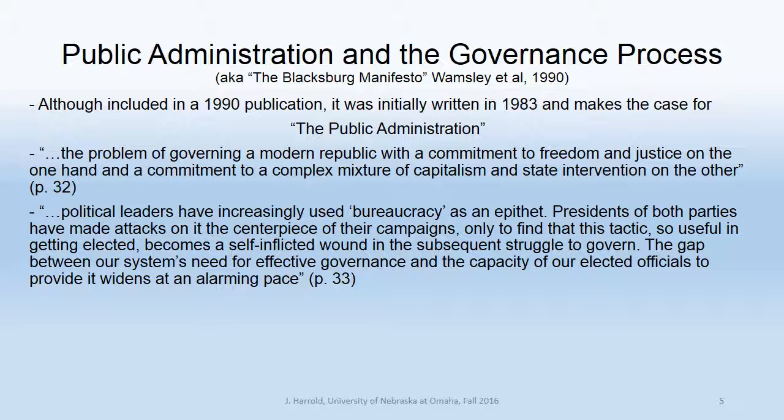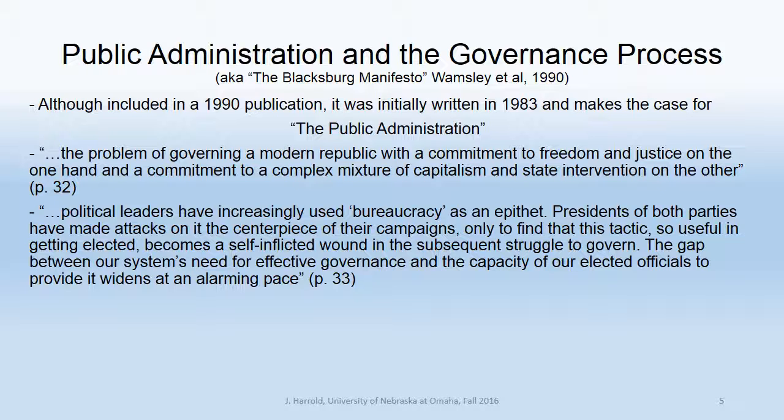And so they say that Wilson famously said that our problem is it's easier to write a constitution than to run a constitution. And they update Wilson a little bit because they say the problem is governing a modern republic with a commitment to freedom and justice on one hand and a commitment to a complex mixture of capitalism and state intervention on the other. So how do we do that?